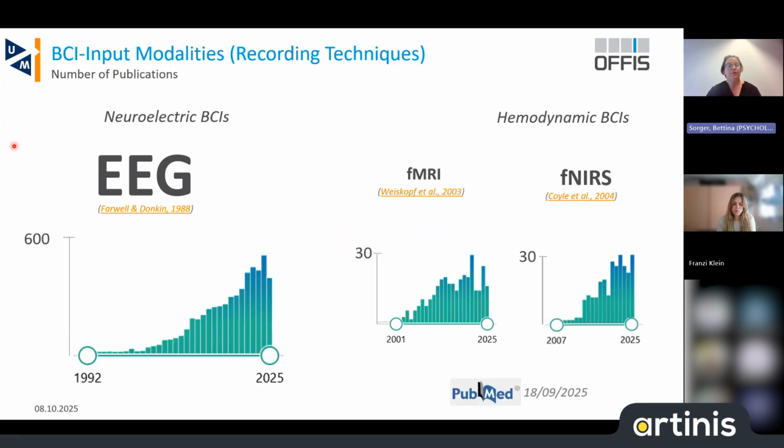This you also see when you look at the number of publications, extracted mid-September. EEG has about 600 publications per year now. And when you look at fMRI and fNIRS, fNIRS started a little bit later, but you see that fNIRS has also the same amount of publications per year, but it has an increasing trend. And in fMRI, maybe we have already had the peak.